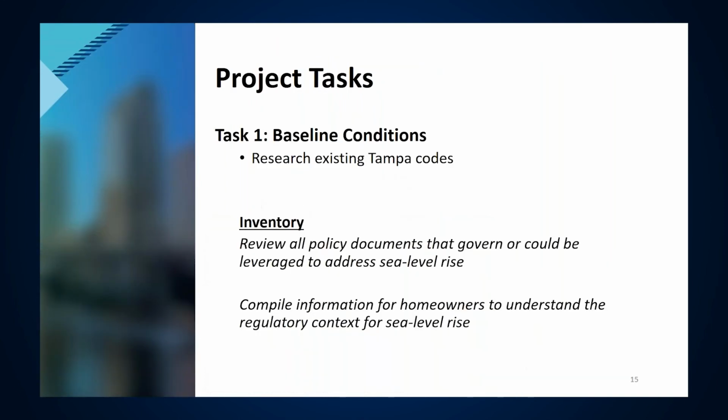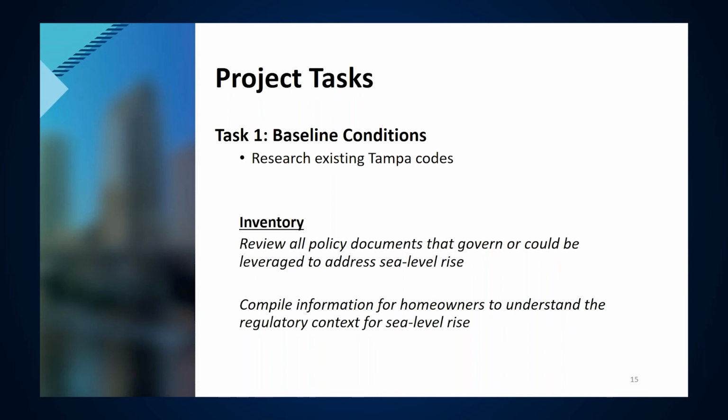So we'll get into what this project is. That's sort of the background, just getting a handle on sea level rise and its history. So now with our project, what we're trying to do is understand what codes and policies we have in place and do an inventory of that.